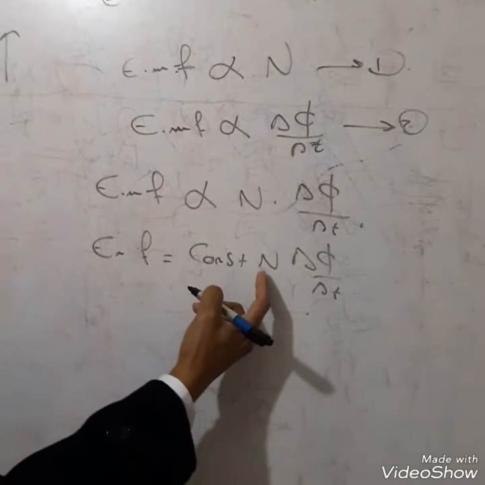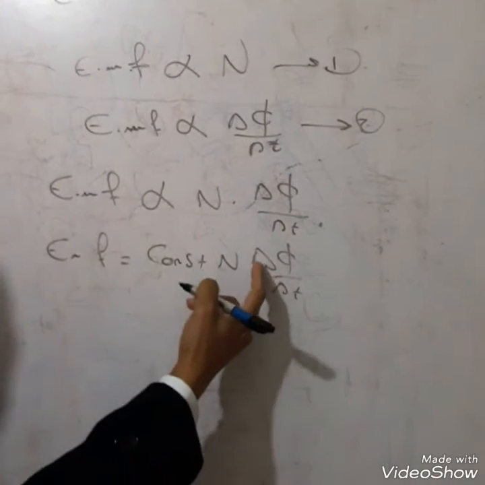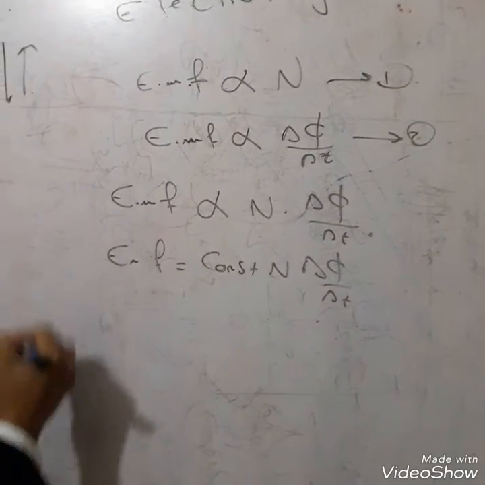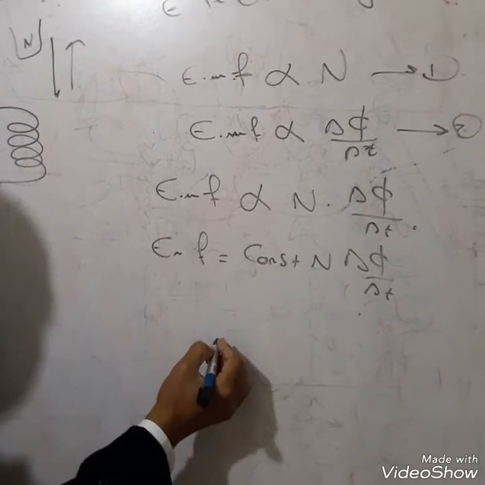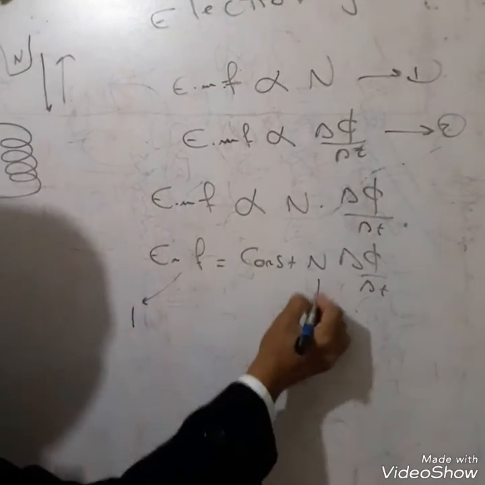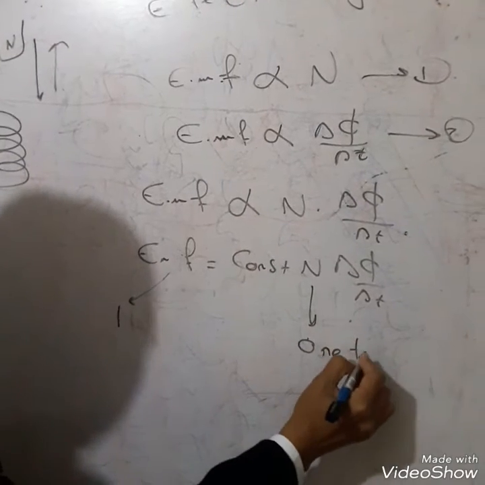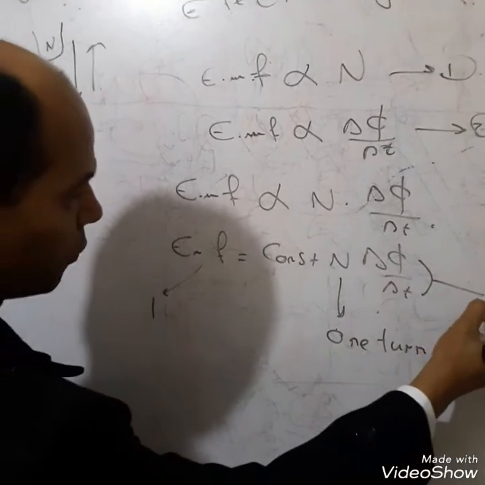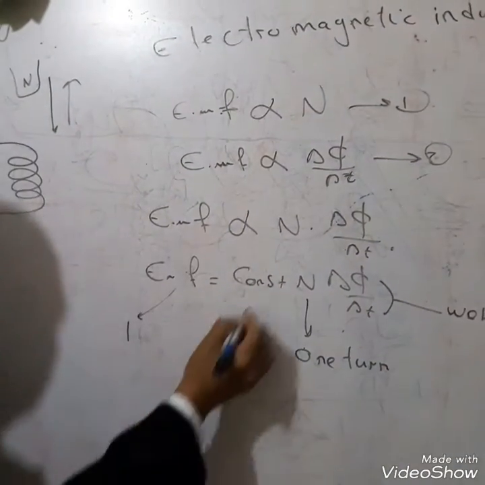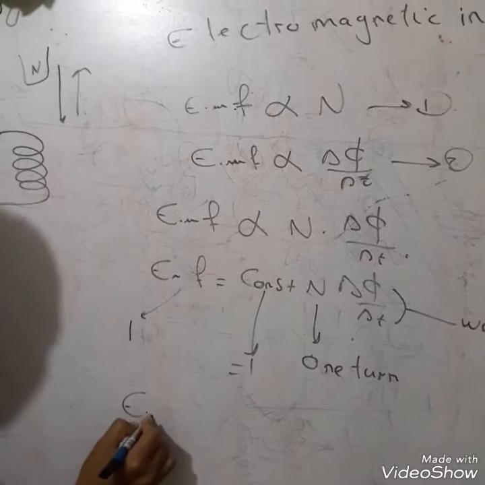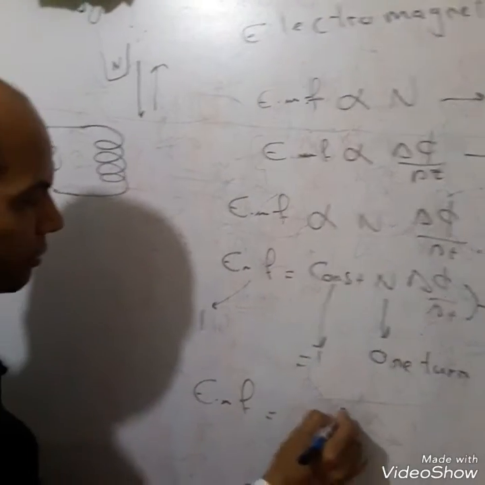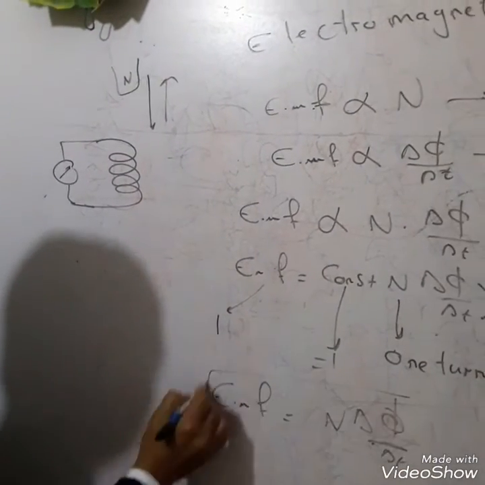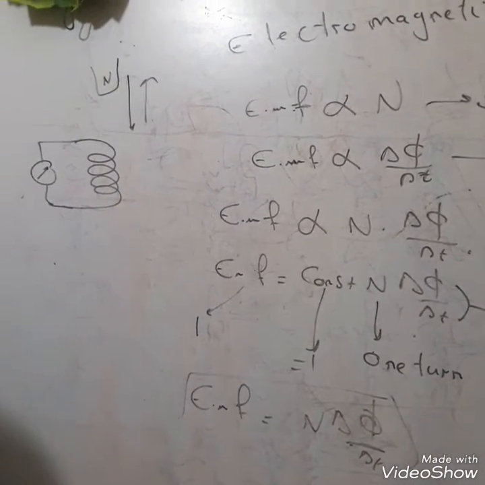If you have 1 turn and a rate of change of magnetic flux of 1 Weber per second, the electromotive force has a value of 1 volt. So the constant equals 1, which means electromotive force equals N delta phi over delta T. This equation gives us Faraday's law.